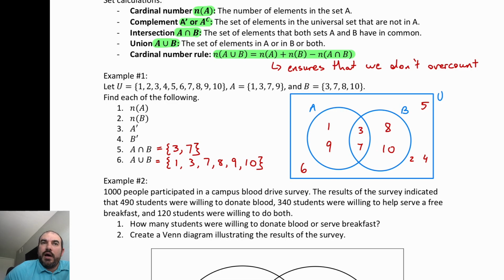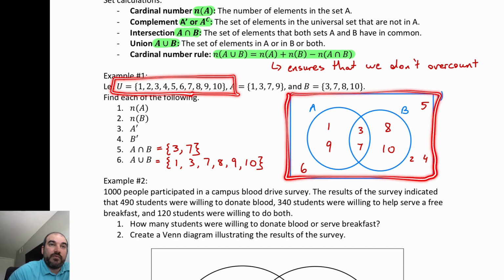Mary, are you asking about these numbers out here? Okay, those numbers came from this: we need to put every single thing in this universal set in this box here, right?